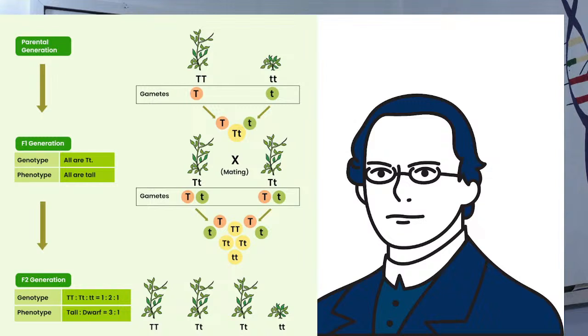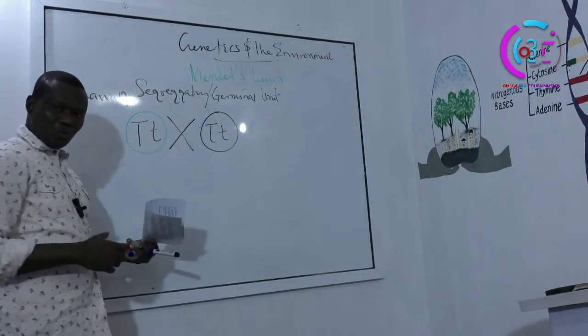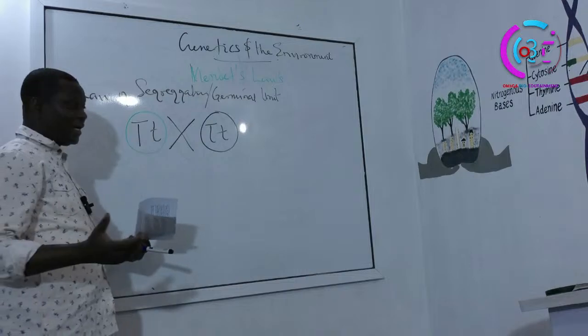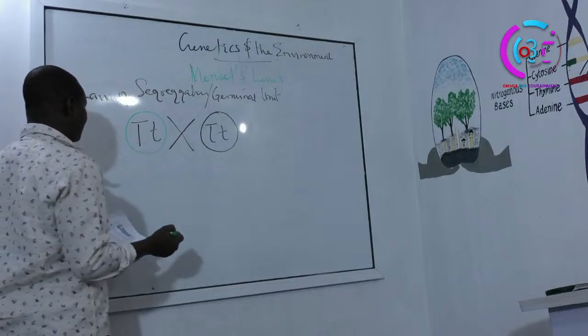If this is tallness, don't forget I told you that if you want to do genetic crossing, you must be very observant to differentiate this type of crossing from the multiplication sign in mathematics.